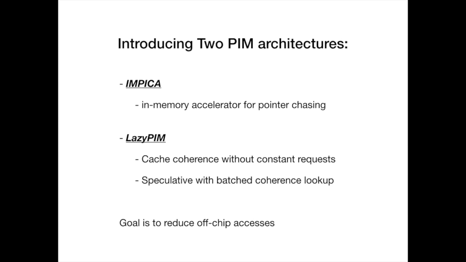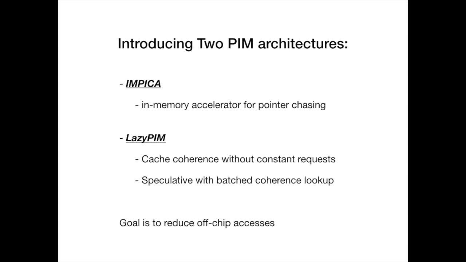So in-mem-proc is an in-memory accelerator to let us quickly traverse a chain of virtual memory pointers within the DRAM without having to take advantage of the CPU. And one of the things that makes this possible is the fact that there is very high bandwidth in modern 3D stacked DRAM.